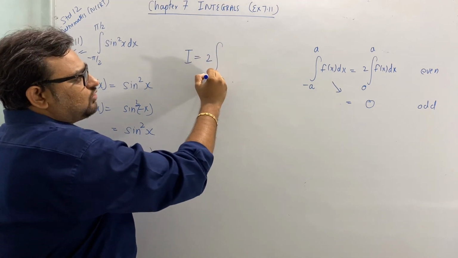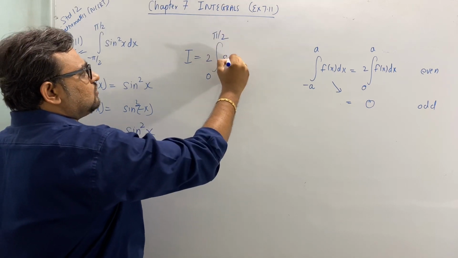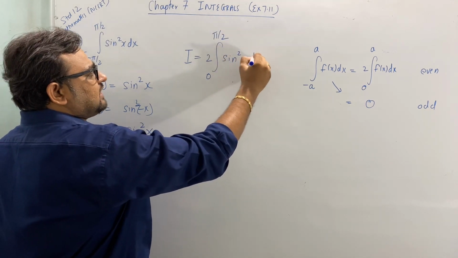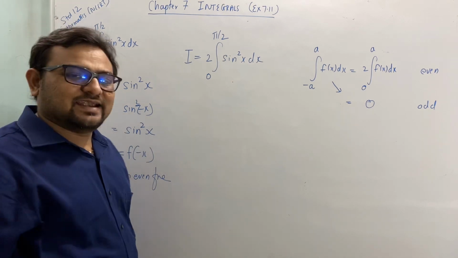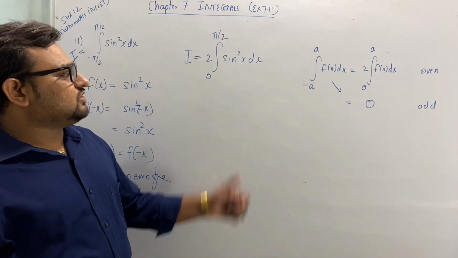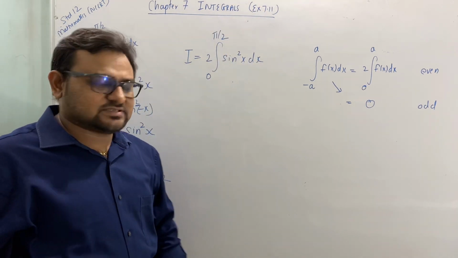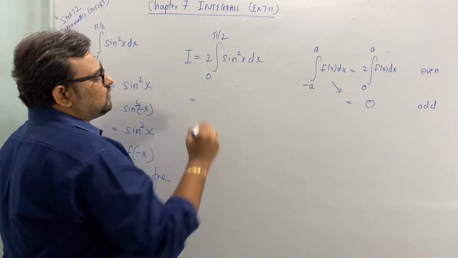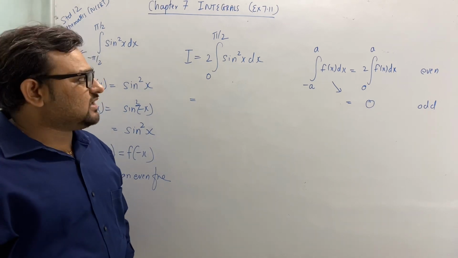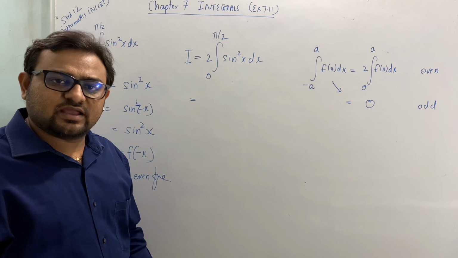So what is your integral? 2 times the integral from 0 to a, where a is pi by 2, of sine square x dx. Clear? We know that sine square x equals (1 minus cos 2x) by 2.